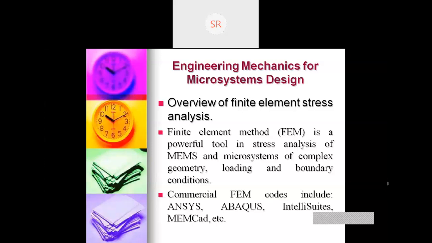If I take any example of a MEMS or microsystem, it is a three-dimensional geometry. These devices are fabricated under severe thermal and mechanical conditions, and they are subjected to harsh loading during operation.